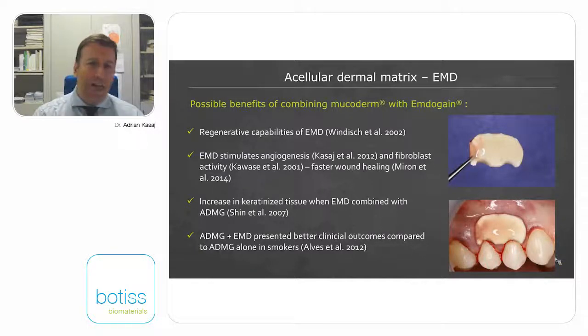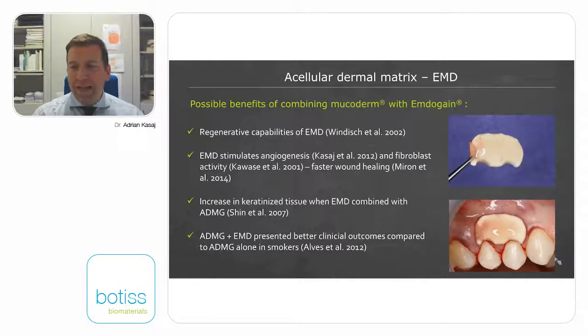And another study by Alves and co-workers in 2012 showed that the combination of an acellular dermal matrix graft and Emdogain resulted in better clinical outcomes than the acellular dermal matrix graft alone in smokers.